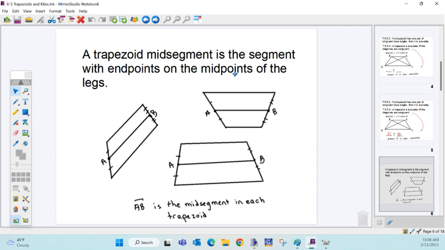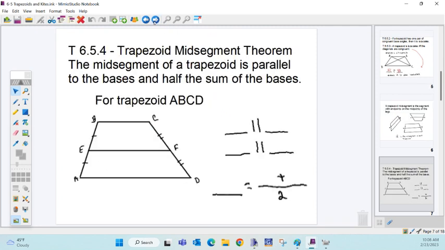We need to talk about what the traits of the mid-segment are. I said one of them already. These are the parallel sides, so the mid-segment is also going to be parallel. So that's one of our traits. It's parallel.